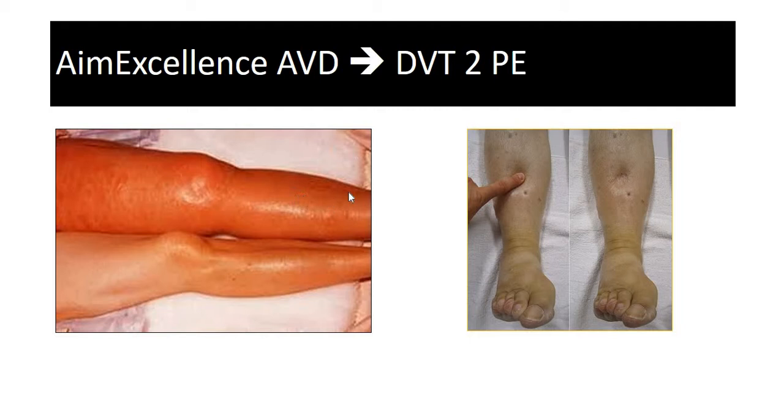Why this condition? We are going to talk about the pathology and pathogenesis. We are going to talk about certain clinical signs in both acute and chronic cases, and also the treatment aspect. There are certain criteria associated with it, and certain radiological findings.